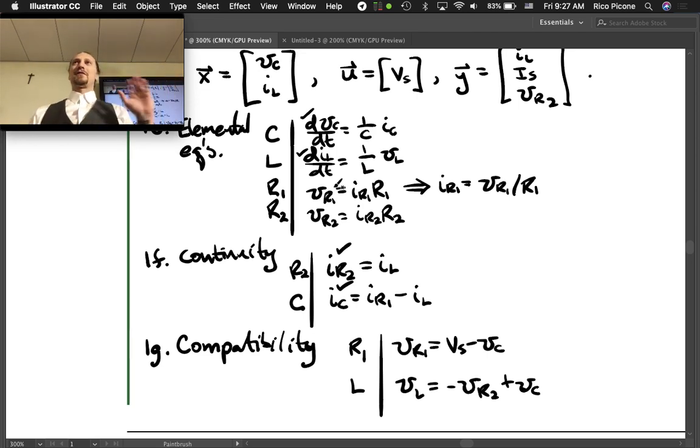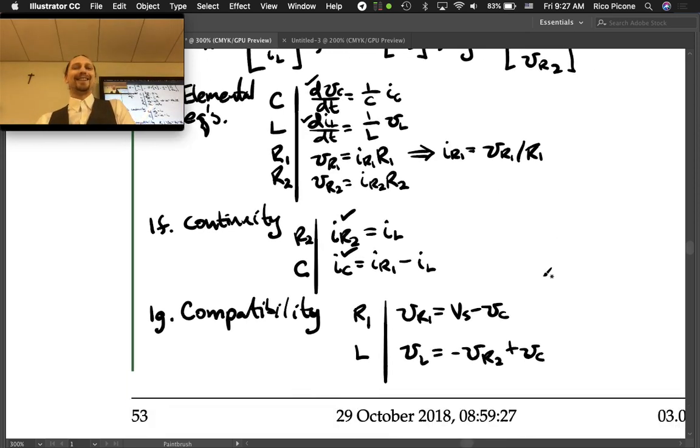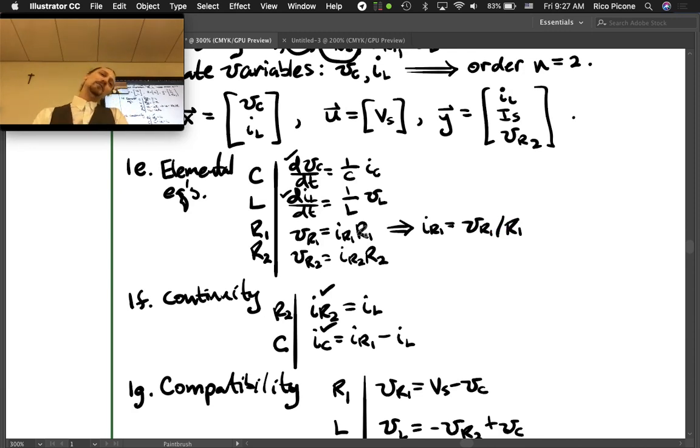It's just that if you have them already solved for the primary variable, the variable you're going to eliminate, the secondary variables are on the right-hand side of the equation. It's a little bit nicer that way, but it's really six of one, half a dozen of the other. So let's rewrite our elemental equations, substituting as we go the continuity equations.